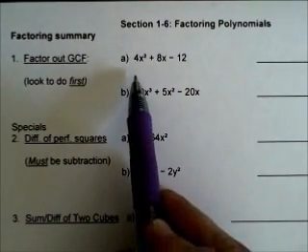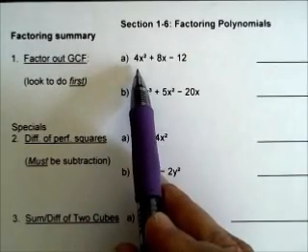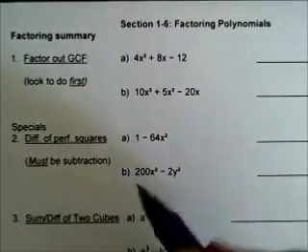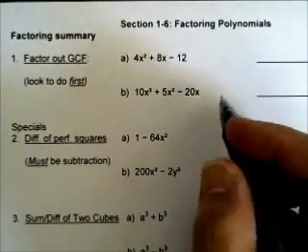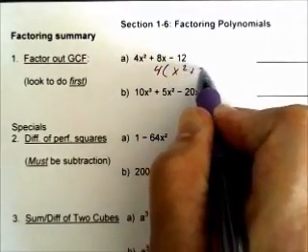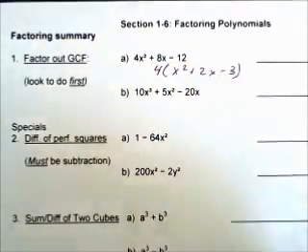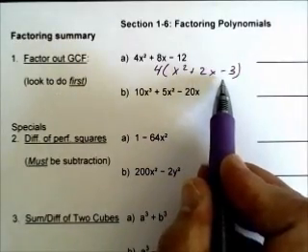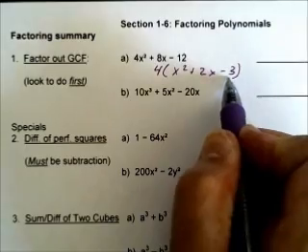So in this case, in 1a, the trinomial 4x squared plus 8x minus 12, all three terms have a common factor of 4. So we factor out 4, and we end up with x squared plus 2x minus 3. Don't stop there. Remember to check, is the trinomial inside parentheses factorable?